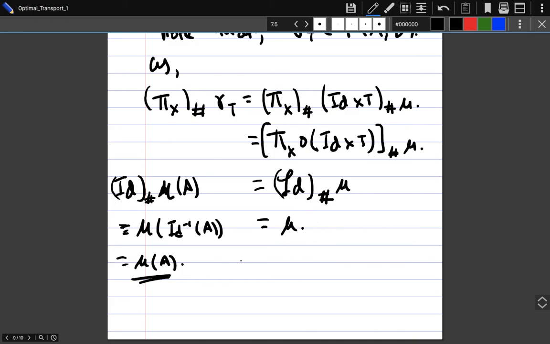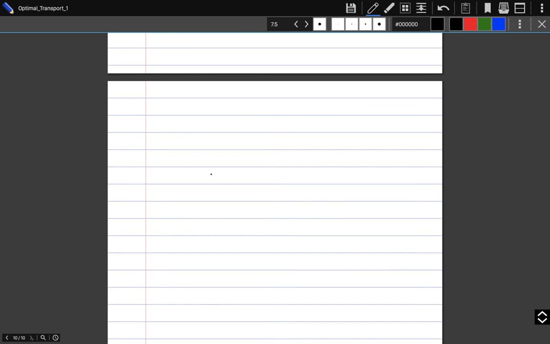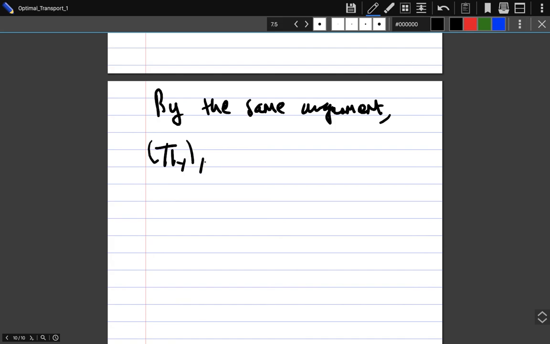And then you can just do the same argument. By the same argument, you get that when you project with respect to the variable y, and you take the push forward of gamma of T, well, it's nothing but nu itself. You just follow the same argument.